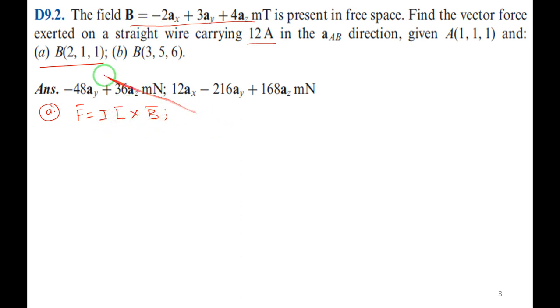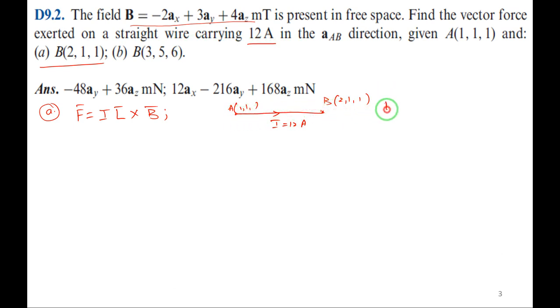Point A is 1,1,1, and point B for part A is 2,1,1. Join these. A straight wire carrying 12 amps in the AAB direction means the current I flows in this direction, from A to B. Then the length of the conductor should be AB only.